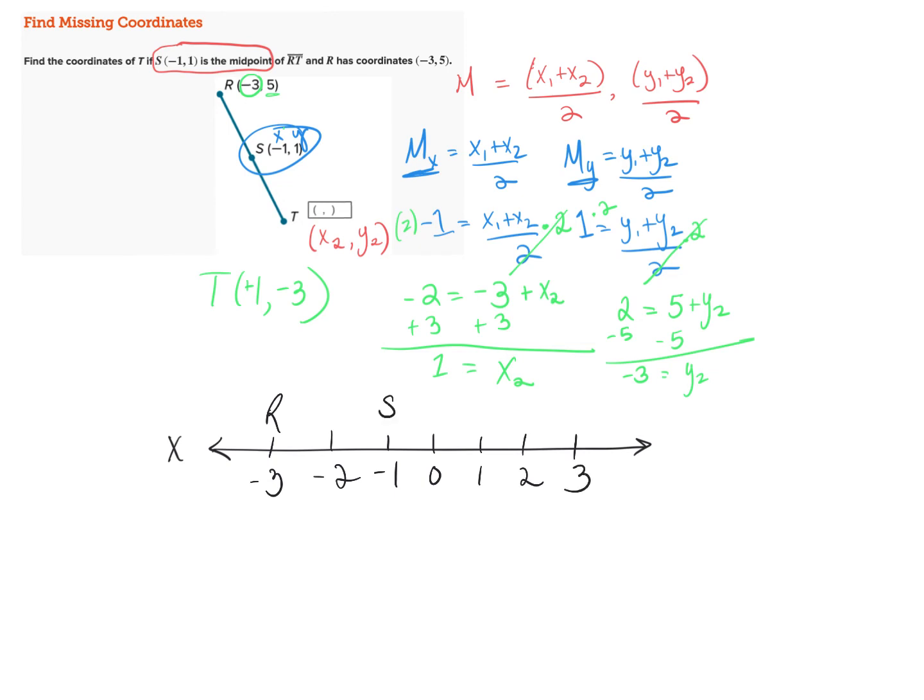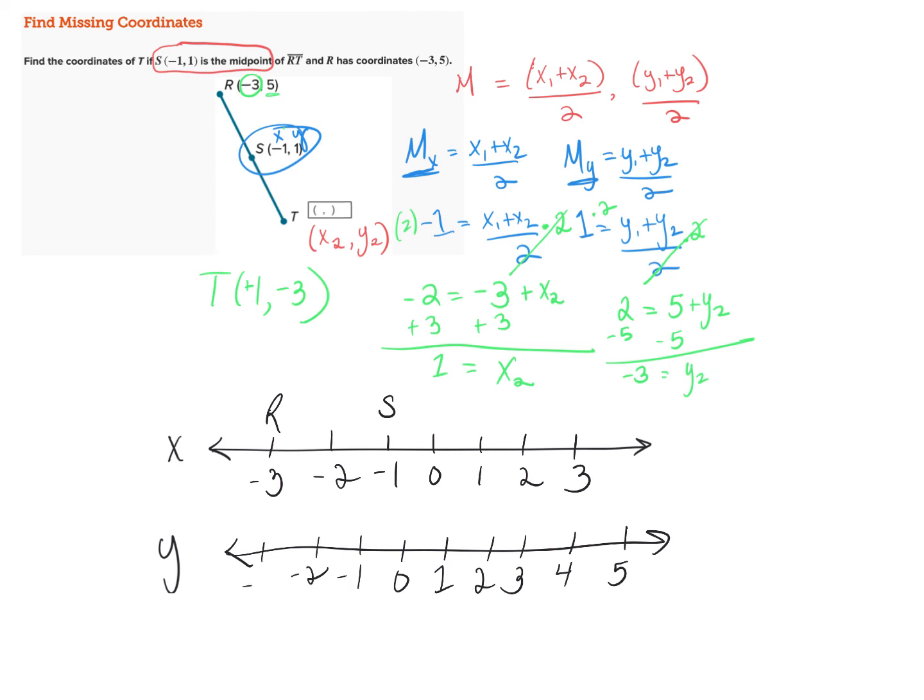And then my y, R begins at positive 5 and goes to 1. So R is at 5, S is at positive 1.